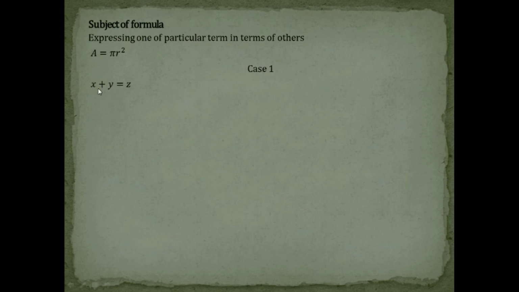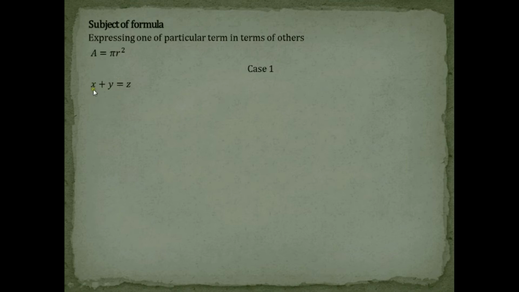In everything I do, I'm going to be making x the subject of formula, so it won't be confusing. Now, x plus y equals z. If you want to make x the subject of formula, it means making x stand alone, either on the left hand side of the equation or on the right hand side. Because in an equation we have the left hand side and the right hand side.